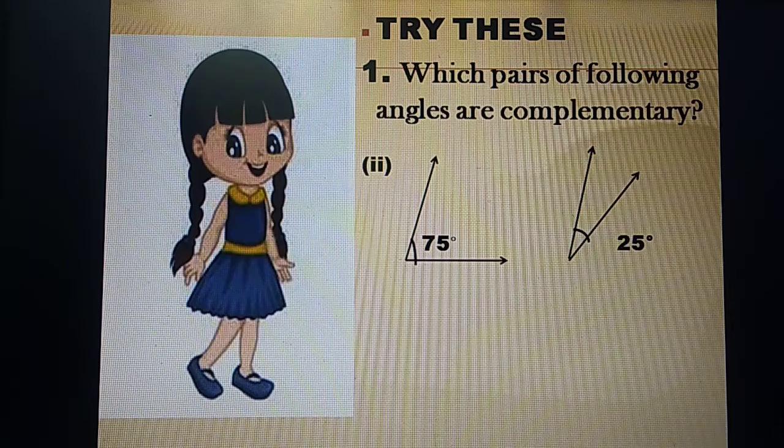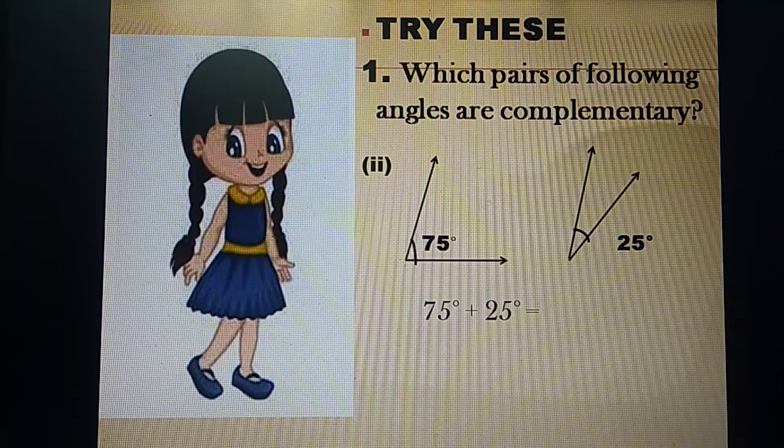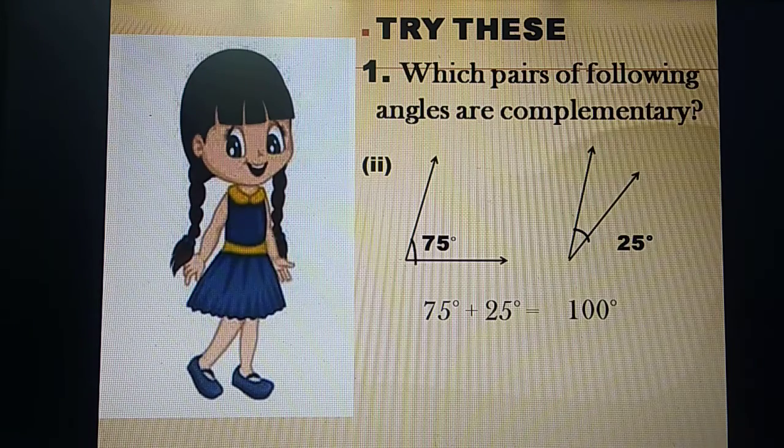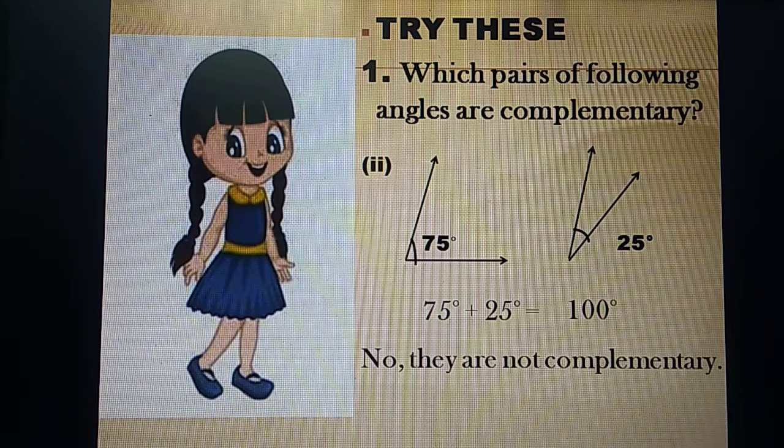So yes, again, you will add them. What will you get in this case? 100 degree. Now, are they complementary? No. Why? Because the sum is greater than 90 degree. It is not equal to 90 degree. So we can say no, they are not complementary.